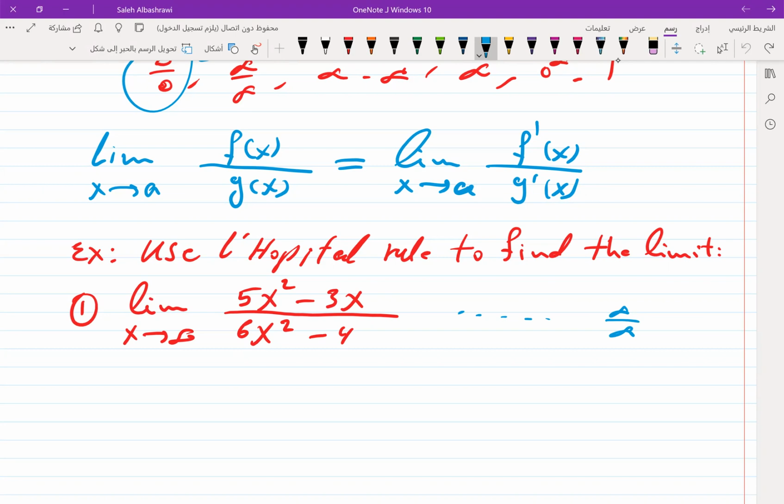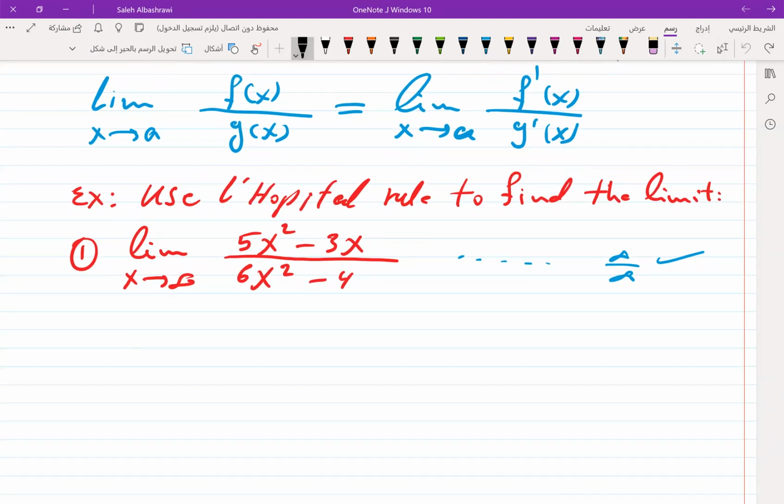We said that if I have 0 over 0 or infinity over infinity, then we can apply the L'Hopital rule to find the limit. Now this is infinity over infinity. So if we use the L'Hopital rule, this will be the limit of 10x minus 3 divided by 12x as x goes to infinity.